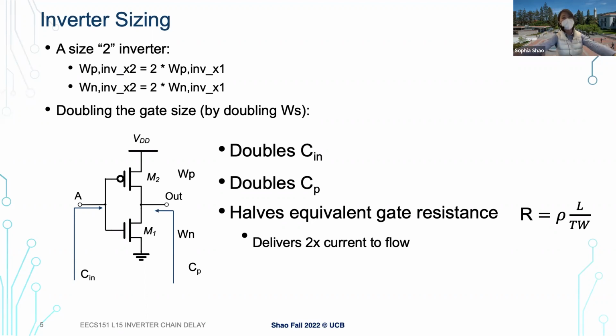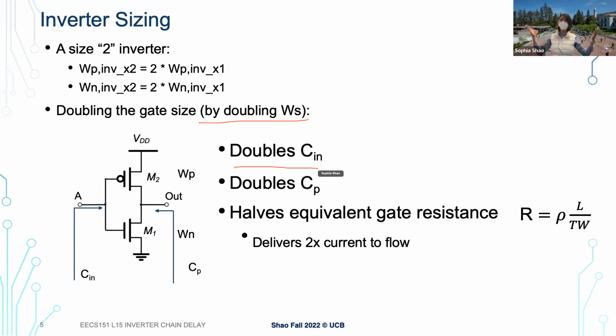What they really mean by size 2 inverter is that the width doubles, so both the PMOS width and the NMOS width double compared to our size 1 inverter. Size 1 inverter is the baseline, but you can get a bigger size 2 or size 4 inverter. Fundamentally, it's doubling the width that we discussed earlier. And we mentioned earlier, we'll get a bigger size inverter.